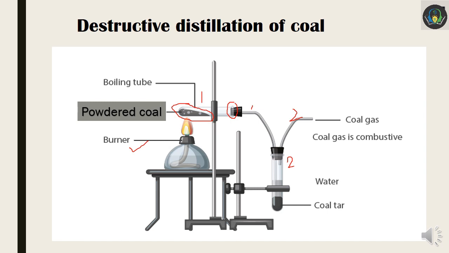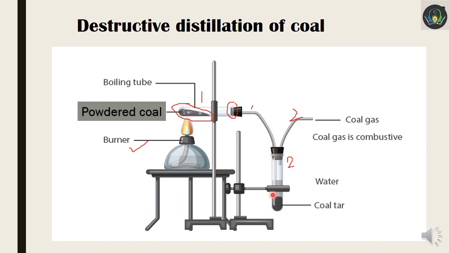Now, let us understand how it works. When the burner is set to the flame, then test tube 1 will be heated. And in absence of air, it will be producing a gas. That gas and the vapor will be traveling all the way through this bent tube 1 and it will be reaching test tube 2.